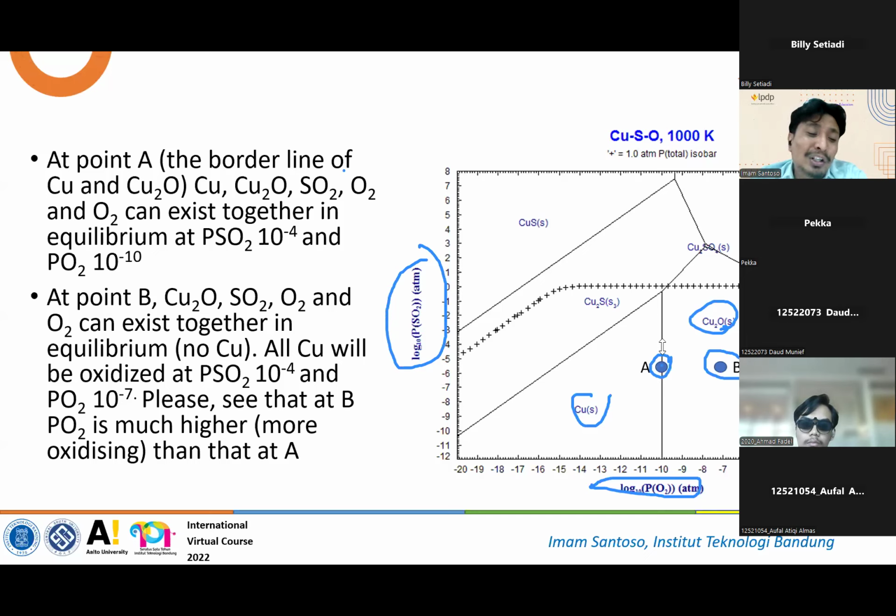If you control the pressure at point B, you will only have Cu2O, or all your copper in the form of oxide and it will go to the slag. And we avoid this. Therefore, we need to move to the left in the copper extraction process, so that copper is in the form of copper sulfide. Okay.